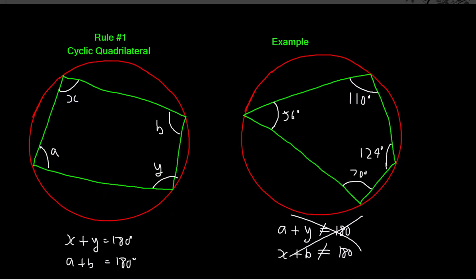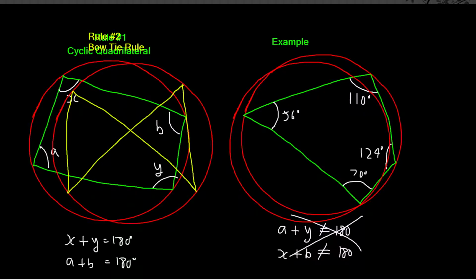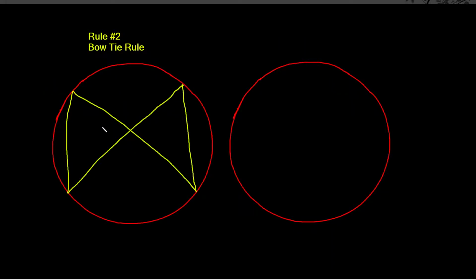The second rule would be the bow tie rule. So what does the bow tie rule say? The bow tie rule says that two angles subtended by the same arc, these two exact same points, are supposed to have the same angle. So this is x and this would be x as well.